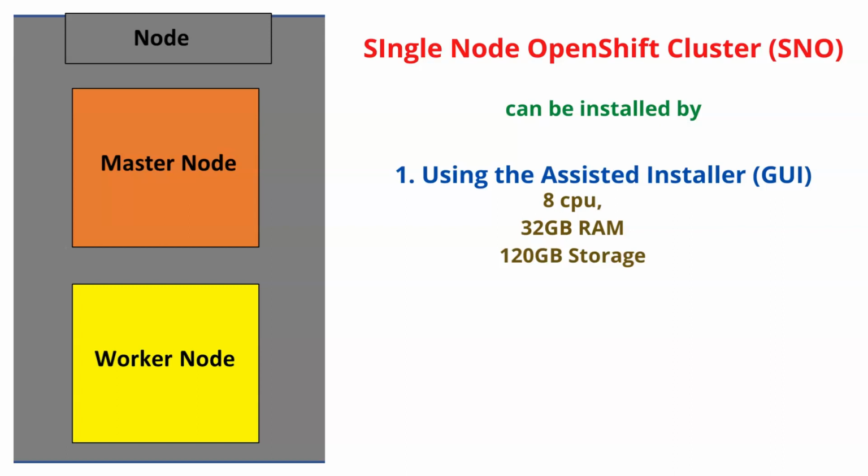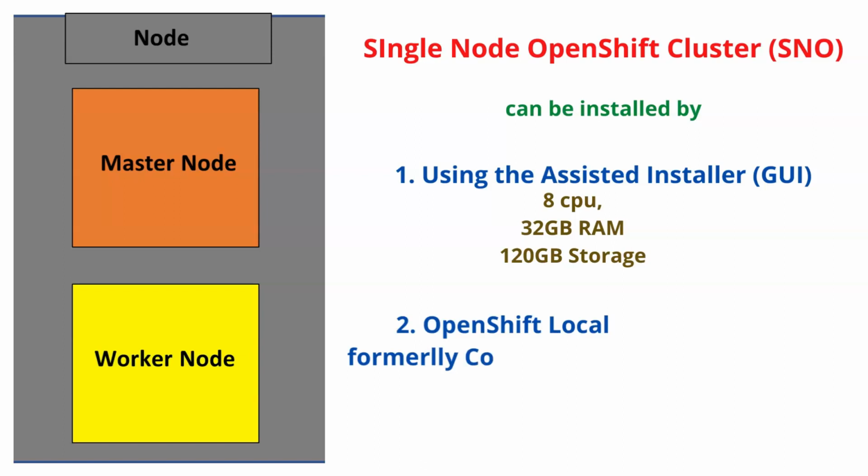Because of those who don't have this kind of resources and want to learn OpenShift and use OpenShift for development or testing purposes, Red Hat has also come up with a second approach for a single node OpenShift cluster called Red Hat OpenShift Local.